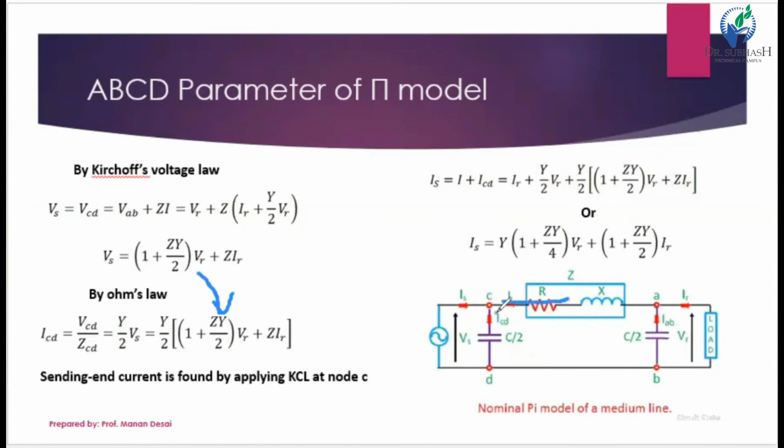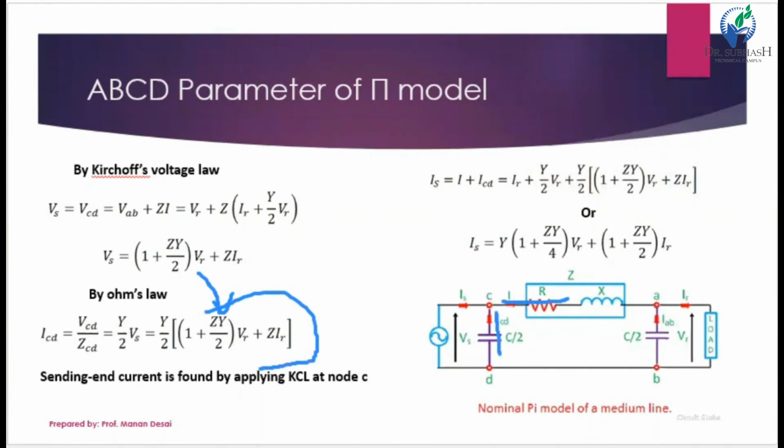I plus ICD is equivalent to IR plus Y by 2 VR plus Y by 2 VS. So total IS is equal to Y times 1 plus ZY by 4 VR plus 1 plus ZY by 2 IR. So ultimately we have IS.